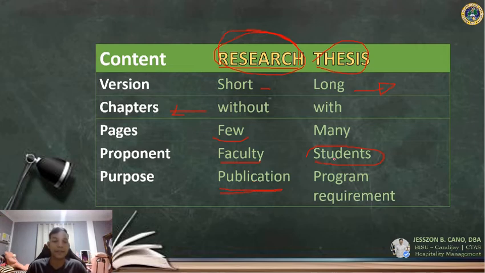And for the thesis, it is not required to be published, but it is a program requirement. You cannot pass or graduate in a certain program if you do not pass the thesis. So it is a program requirement.